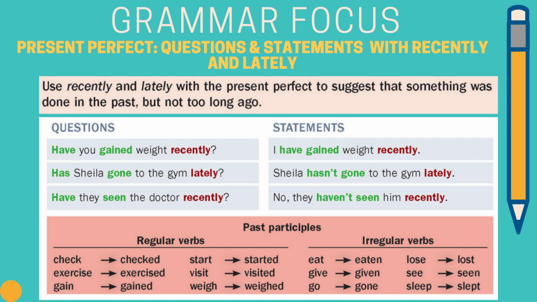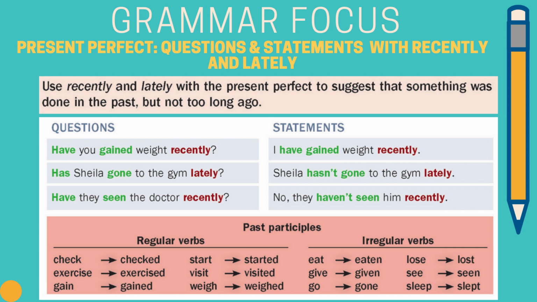Go becomes gone. Lose becomes lost. See becomes seen. And sleep becomes slept. So these past participle verbs, when they're irregular, can be complicated. But I have faith you'll do just fine.